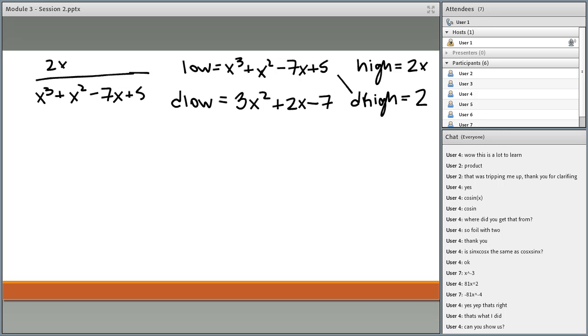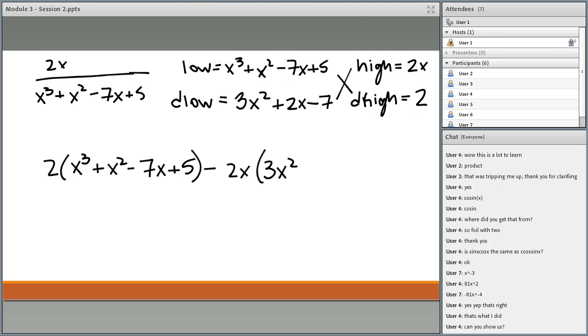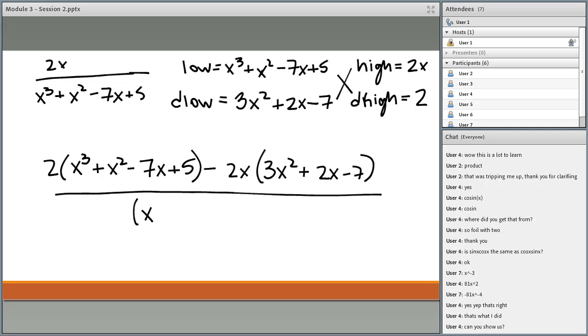And now I can cross. So I have 2 times x to the third plus x squared minus 7x plus 5, minus, so minus high d low, so minus 2x times 3x squared plus 2x minus 7, and all over low, so x to the third plus x squared minus 7x plus 5, and that whole thing squared.